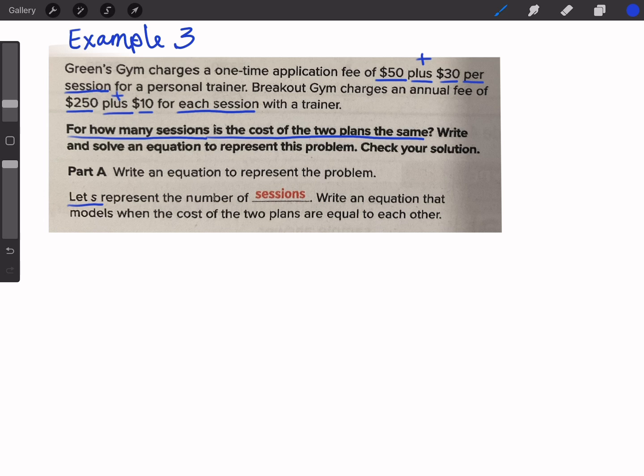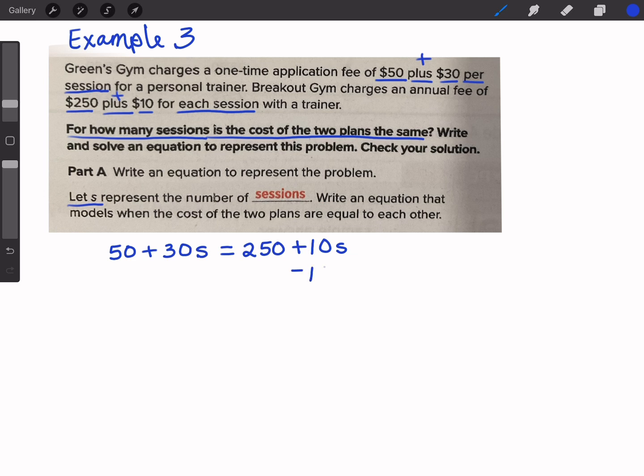We're going to let S represent the number of sessions. So what that means is we will have $50 plus $30 times S is equal to the Breakout Gym, which charges $250 plus $10 times S, which is the session.